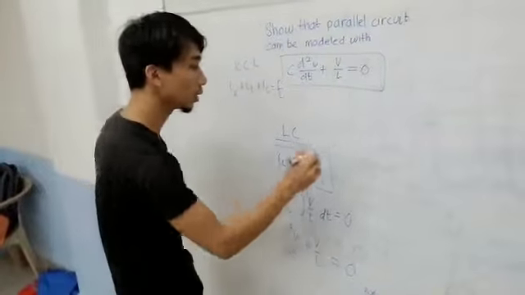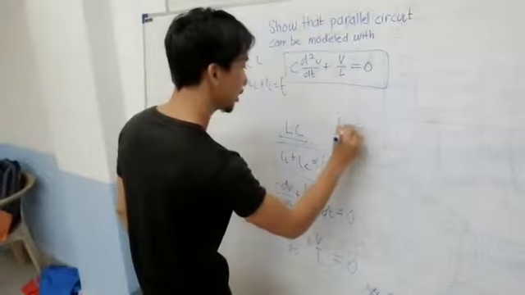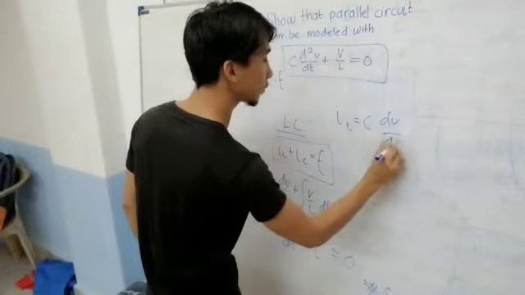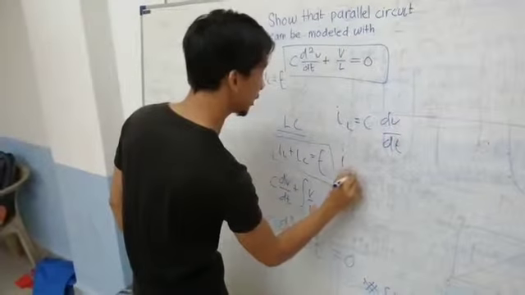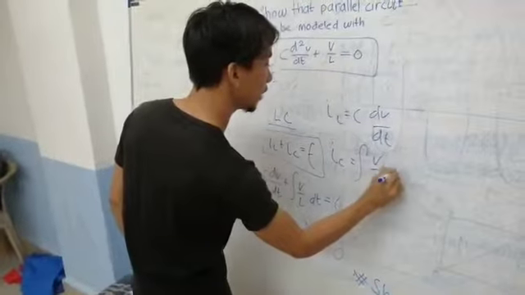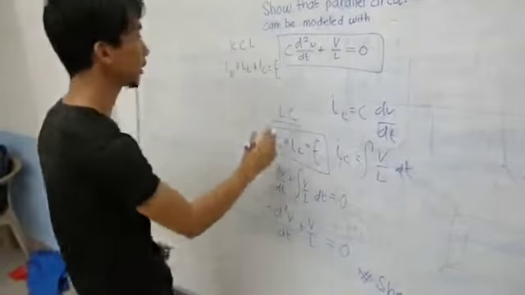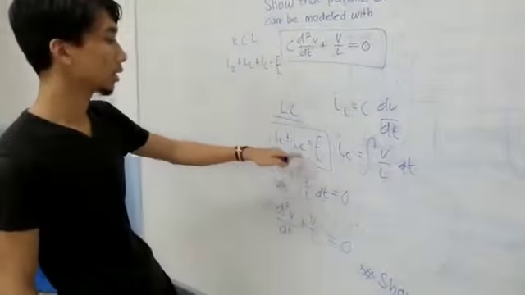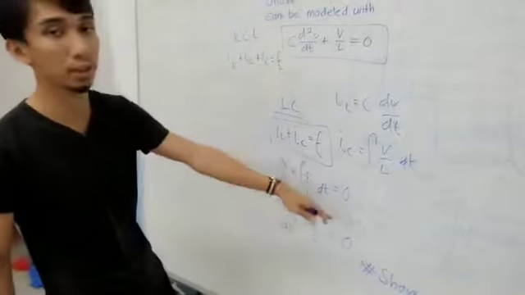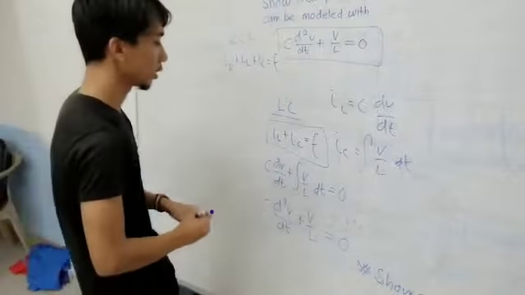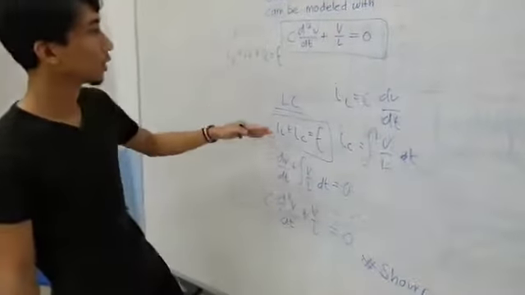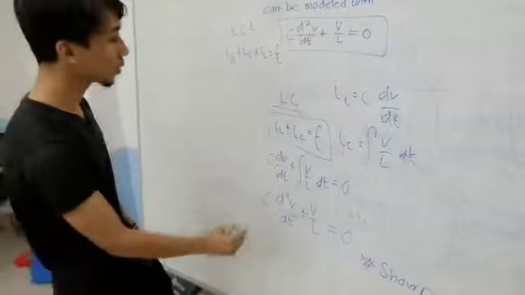Based on this equation, we know that IC is equal to C dV over dt, and IL is equal to the integral of V over L dt, and we differentiate it for the first time. After we got this, we should differentiate it like this.